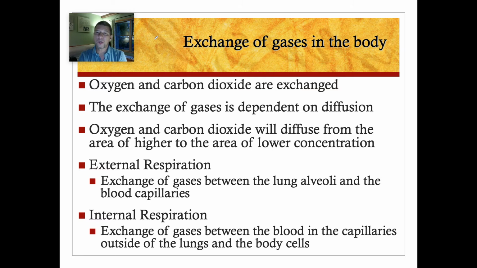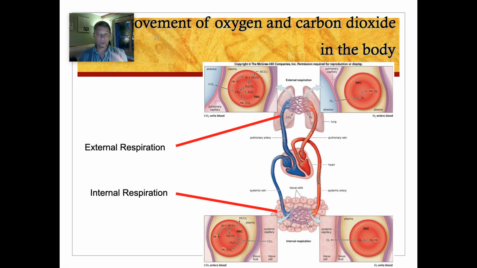However, respiration also has to take place at every single cell in the body, because every cell needs to take oxygen out of the blood and give carbon dioxide away to the blood. And that's what we refer to as internal respiration. So this is important. Respiration actually takes place in two different locations. One is, of course, the lungs. The other is every other cell in the body that exchanges oxygen and carbon dioxide with the bloodstream.